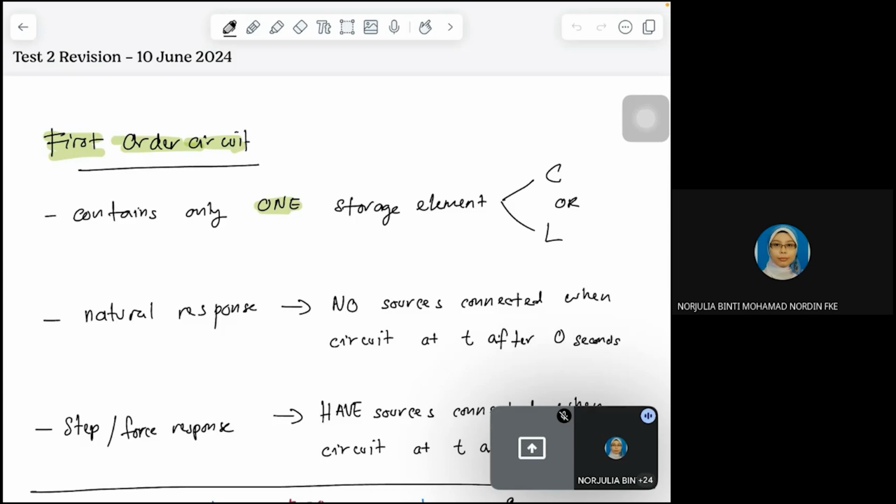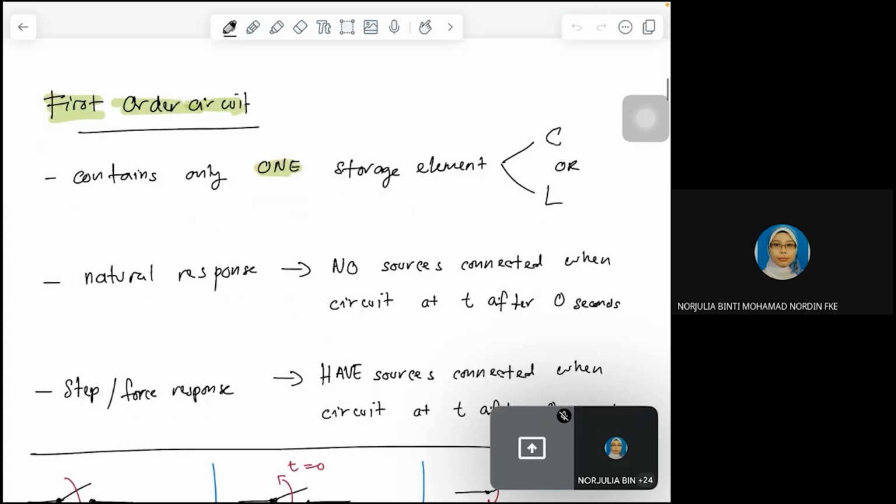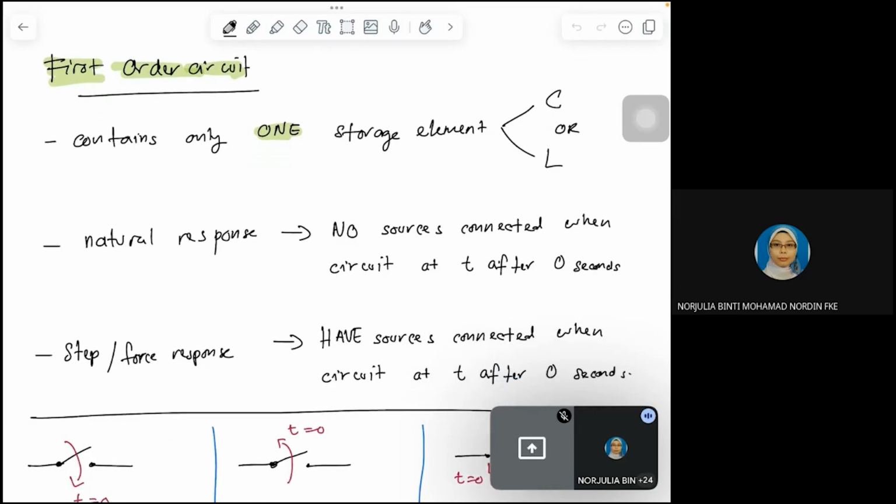So when we are dealing with the first order circuit, we have two conditions. The first condition we call the natural response, which can be determined at infinity time, where at that time frame there are no sources connected to the circuit.